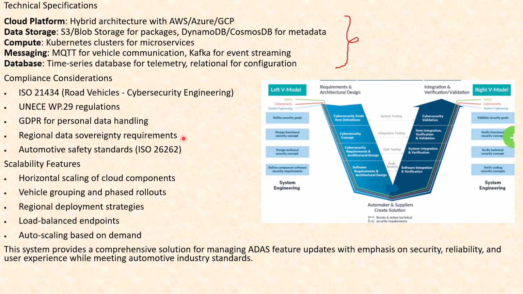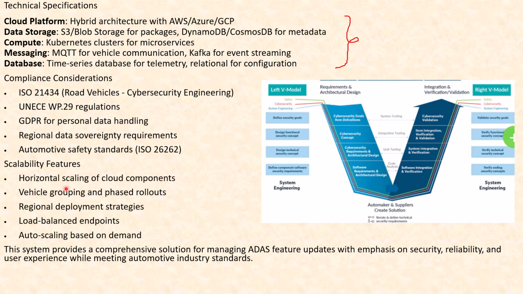For example, there is a separate requirement for India, for America, and for Japan. So every region has its own regulations which are clearly outlined. Of course, there are also the automotive safety standards, ISO 26262.